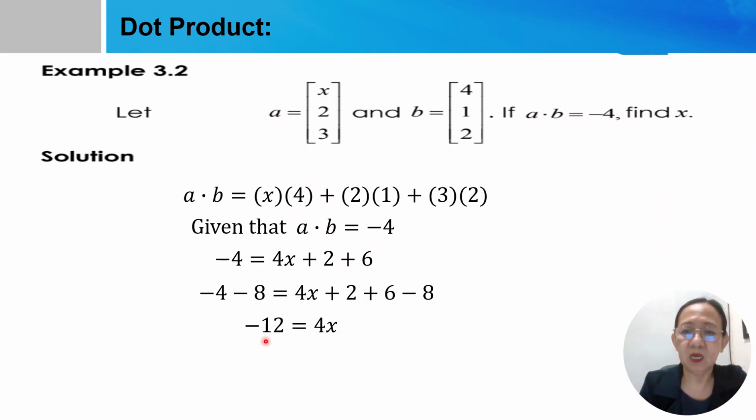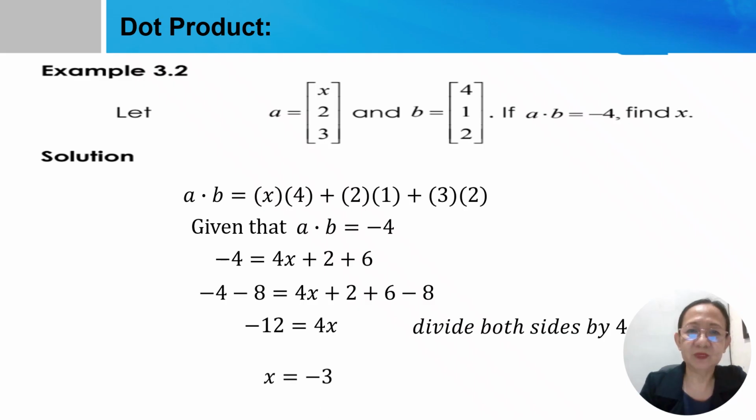Now, dividing both sides by 4, the result is x is equal to -3.